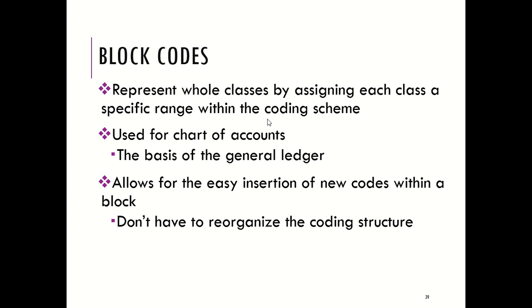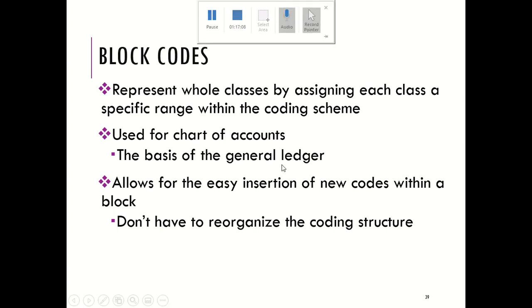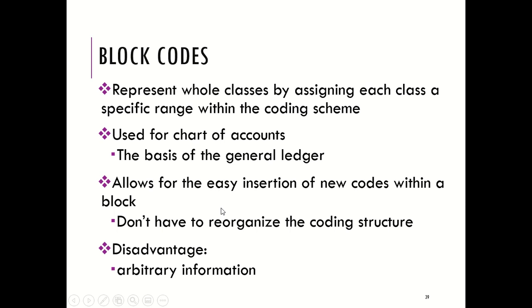Now, some of the disadvantages of these block codes is that it's again an arbitrary information. So as with the sequential code, the information content of the block code is not really apparent. So for example, yung account number natin is, let's say, 121, which is an asset supposed to be, means nothing until matched against the chart of accounts, which identifies, no, as an asset.